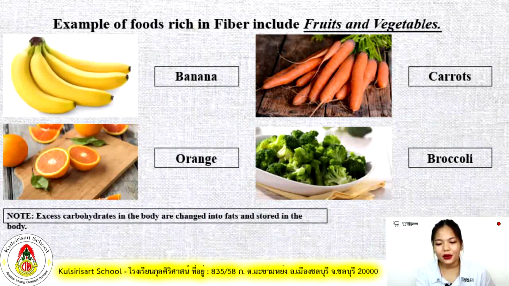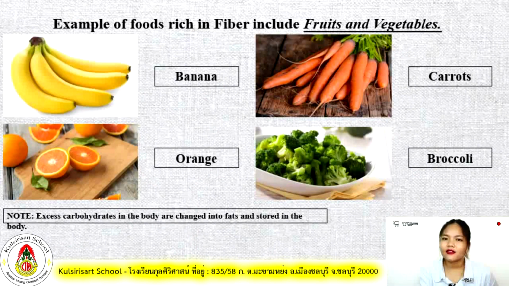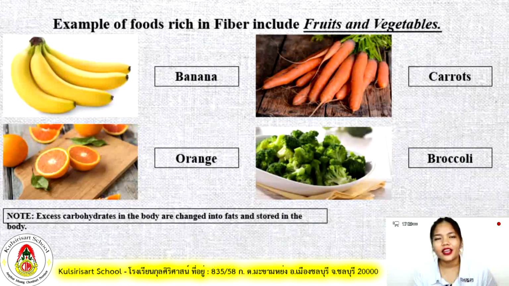Note that excess carbohydrates in the body are changed into fats and stored in the body. Let's say you ate a lot of sugars in a day and you were not able to consume that energy.